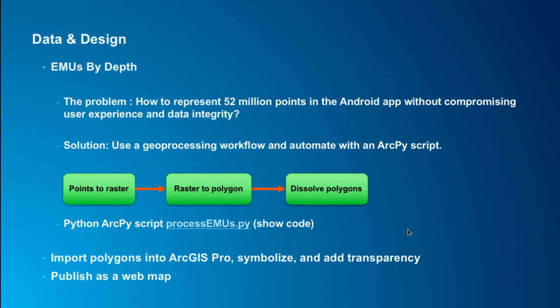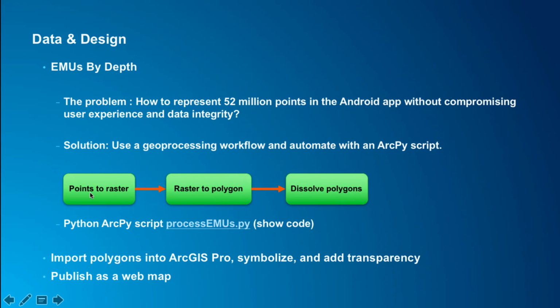So what we did is we used a geoprocessing workflow to automate or to generate polygons, and we did this with the ArcPy geoprocessing package using a Python script. So this summarizes the steps we went through to generate these polygons.